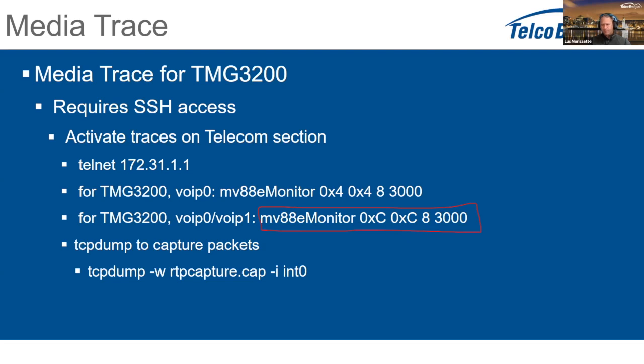So this is the VoIP 0, VoIP 1, and this is where to send the data. On the TMG 3200, the data is sent to the internal host. Then we can do a command like this on the internal host, and this will create a file which will have all the information coming in from internal 0, which is the data that is being captured here.